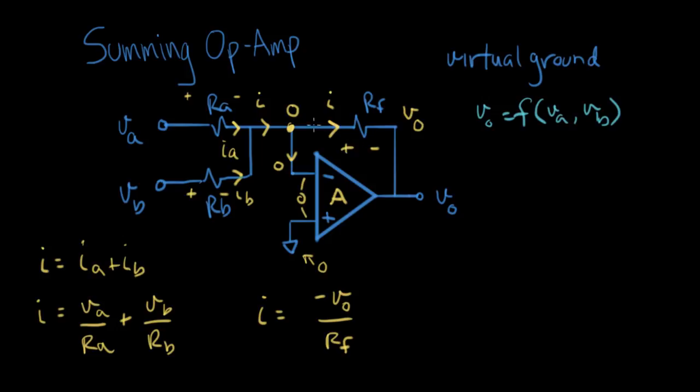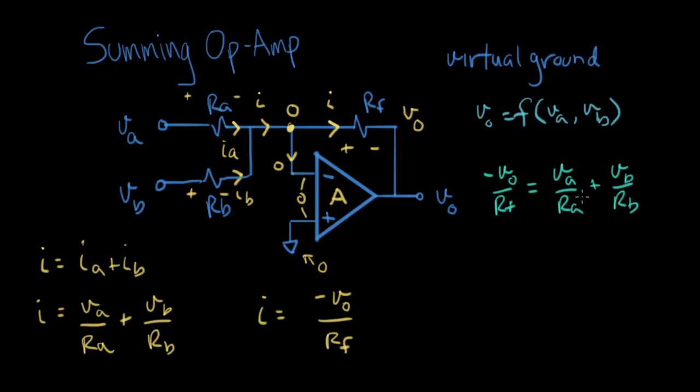Now we know that this current equals this current, so let's set these two expressions together. I can write minus V out over RF equals VA over RA plus VB over RB. Now we can get the final function.